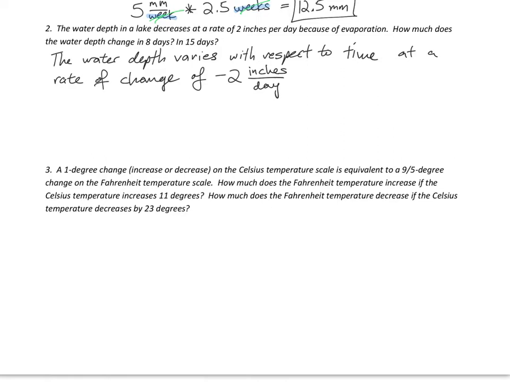And you might be wondering, why did I throw this negative in here? And that is because this word right here, decreases. So if it decreases, we know that the rate will be negative.